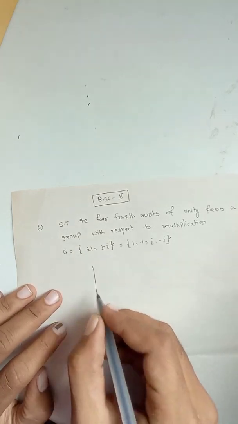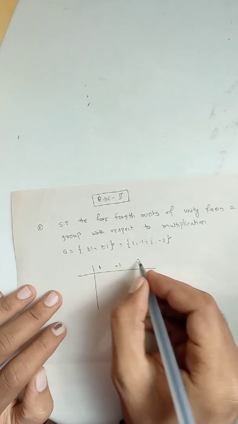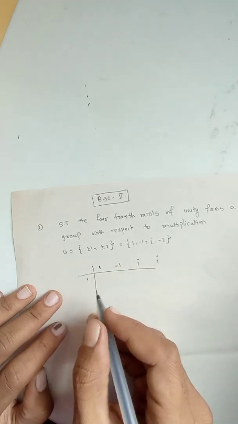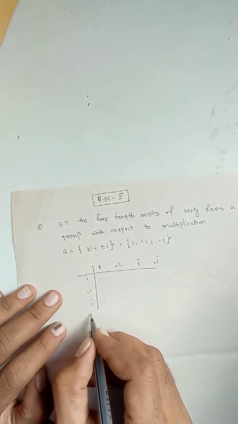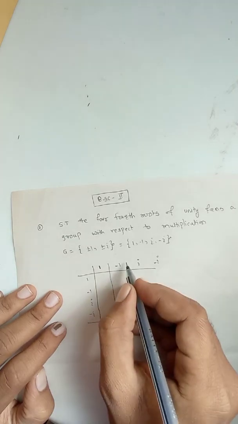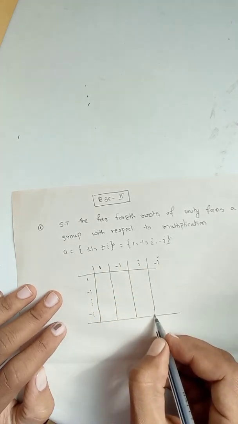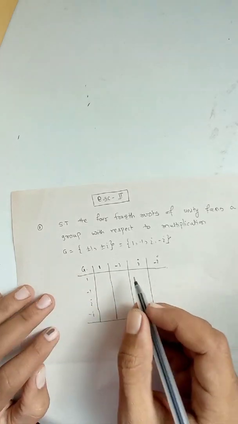So write it down like 1, -1, i, -i, 1, -1, i, -i. This is our group G.